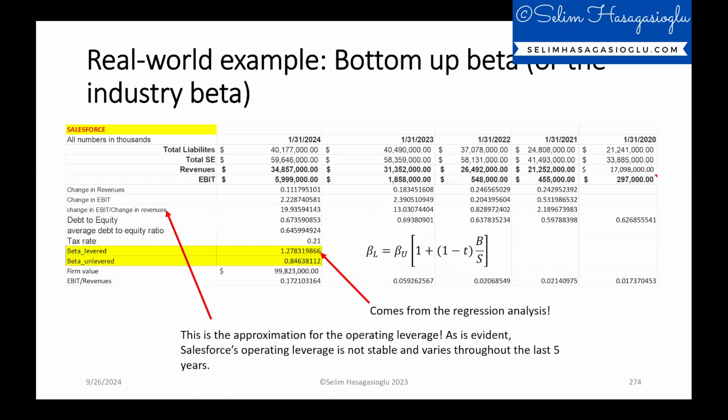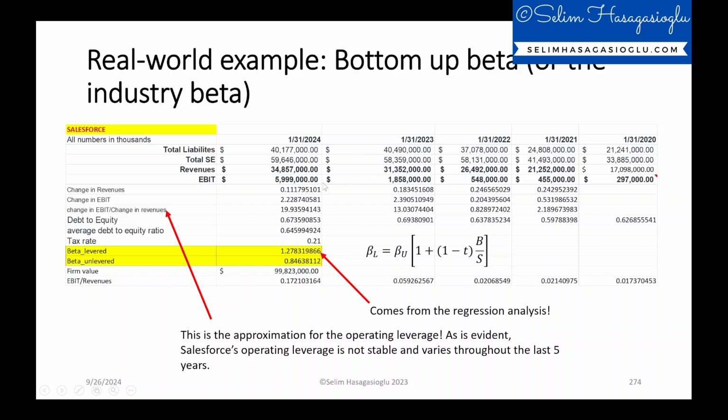And then remember, what we need to do is calculate the unlevered beta of Salesforce. So remember, we had these values from Yahoo Finance for the last 4 years. For the fifth year, we relied on the information from the financial statements of the company. We have total liabilities here, total stockholders' equity.